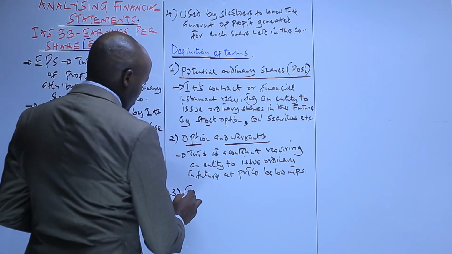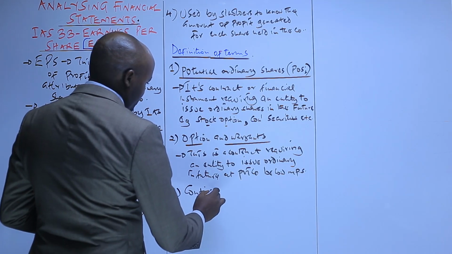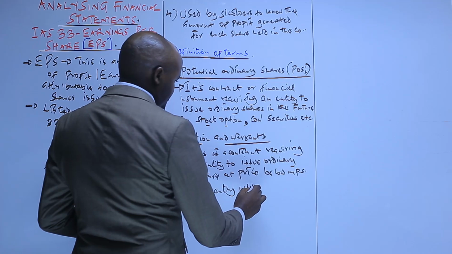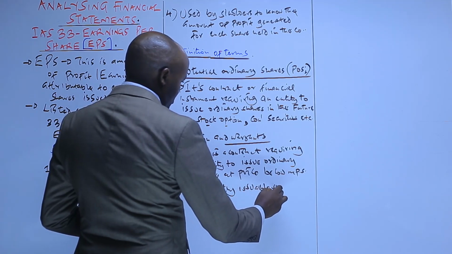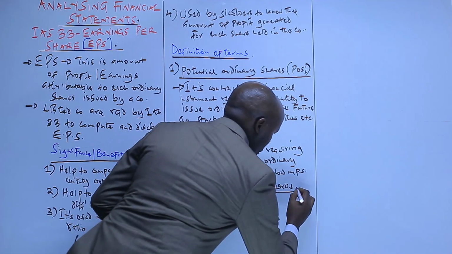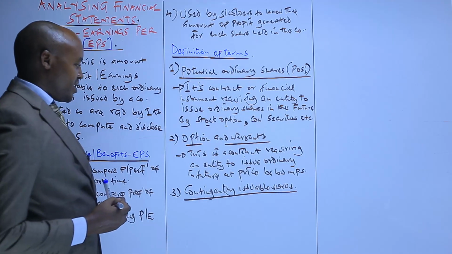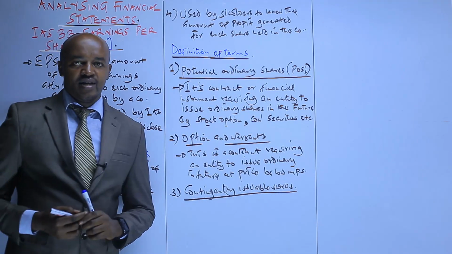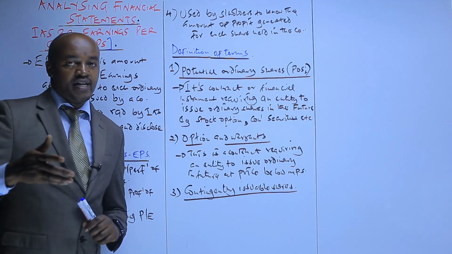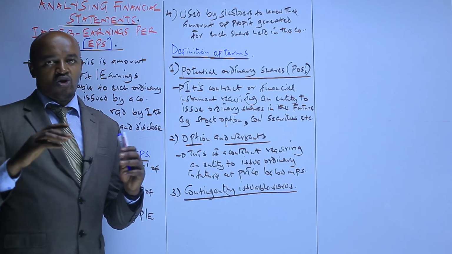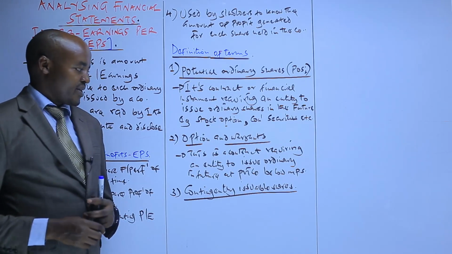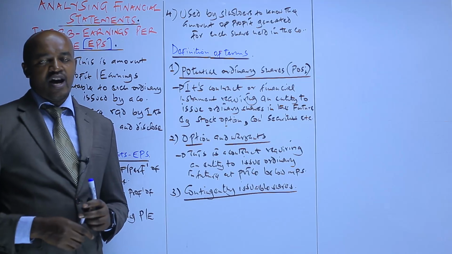The other term is something called the contingently issuable shares. When we talk about contingently issuable shares, basically we say that these are those particular shares which are issued by the company in the future, either at no consideration, or at nil consideration, or at little consideration, once certain specified conditions have been met.